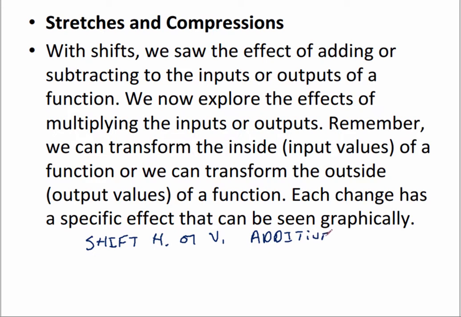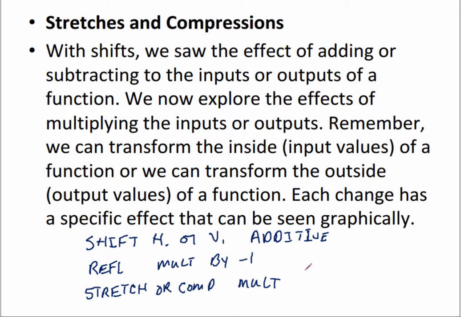In the case that we just saw with reflections, that was multiplicative. In other words, we multiplied by a negative 1. Now we're going to up the game here, and it's not going to be limited to multiplying by a negative 1. When we do a stretch or a compression, that means we're going to multiply by a value.